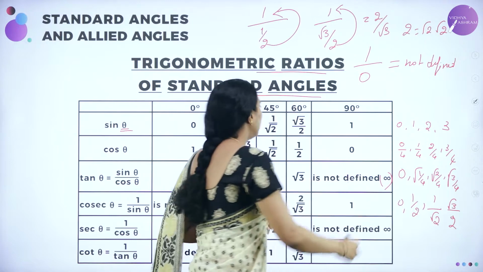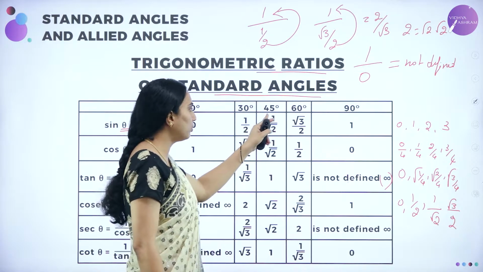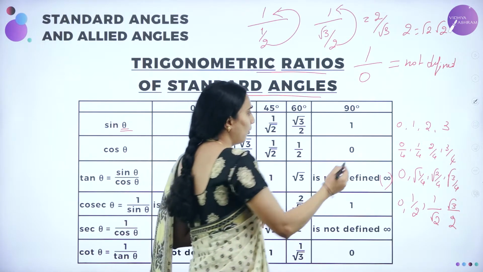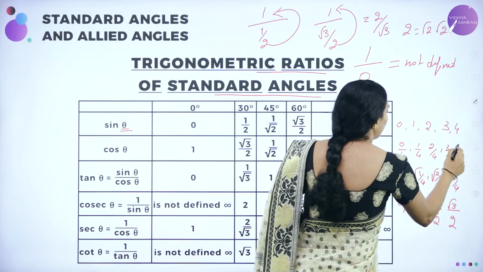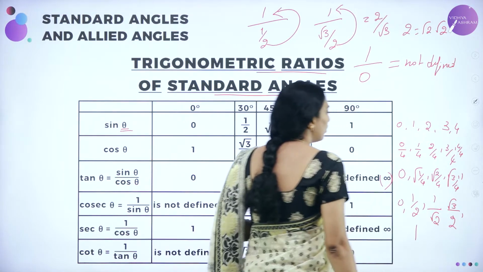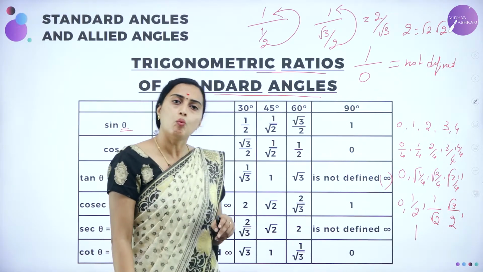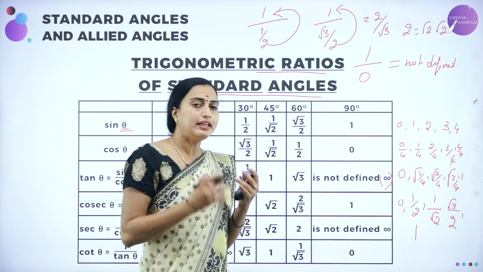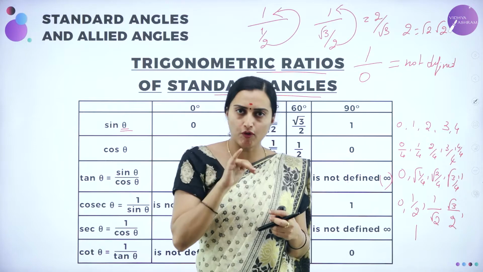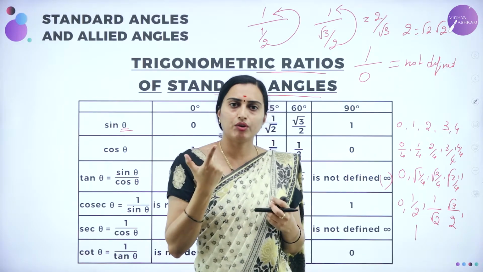See, you are getting the same values: 0, 1 by 2, 1 by root 2, root 3 by 2, and then 4 by 4 is nothing but 1. See, take 0, 1, 2, 3, 4 and then divide by 4 under the root. You are going to get the values of sine.